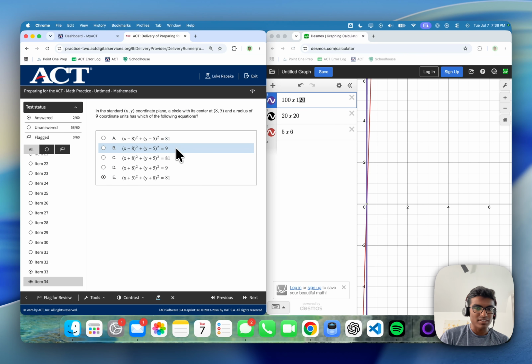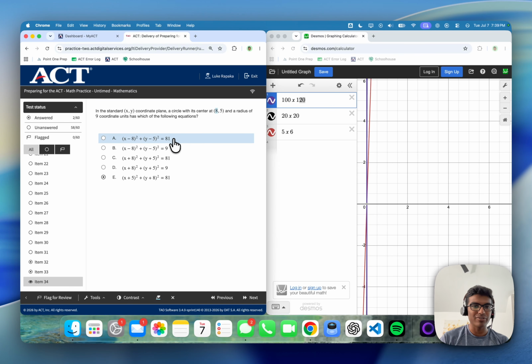So the ones with 9, B and D, are canceled out. The second thing is that when you have a circle, the x value and the y value need to be negated. So I can see that x minus 8, that's negative 8, and then the opposite of positive 8. And then similarly, negative 5, which is the opposite of positive 5. So I know A has to be my answer.